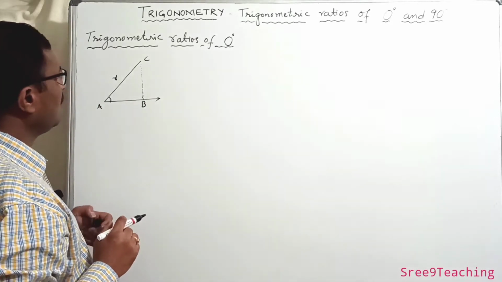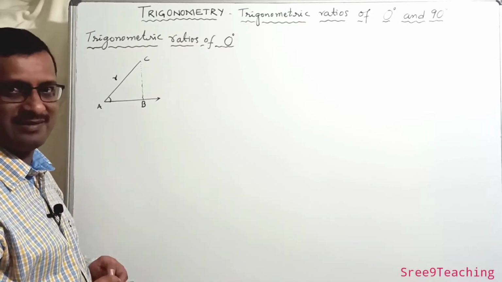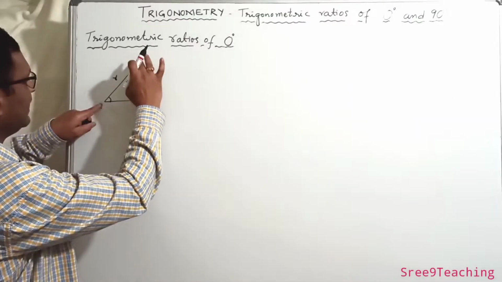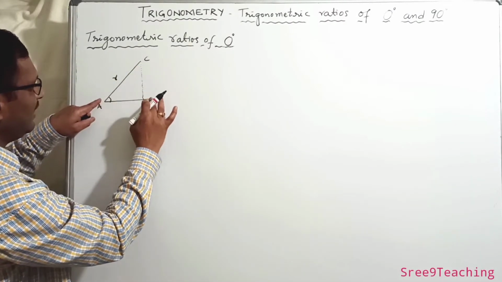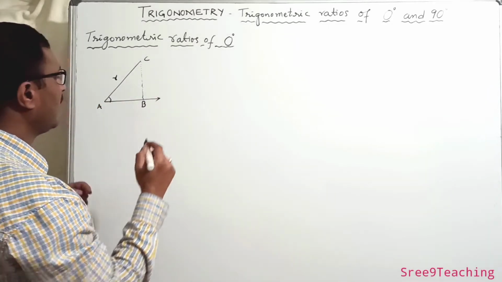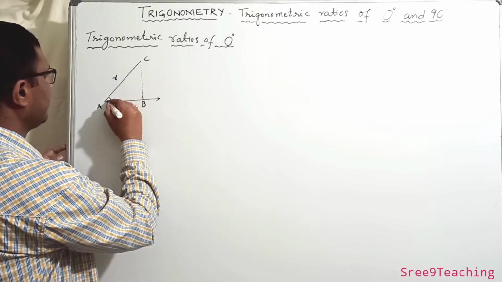Now what happens if this angle decreases? The AC segment comes down like this, no? And after some time what happens? The point C will be on this ray. Let us see. Suppose the angle is decreased and it comes like this.